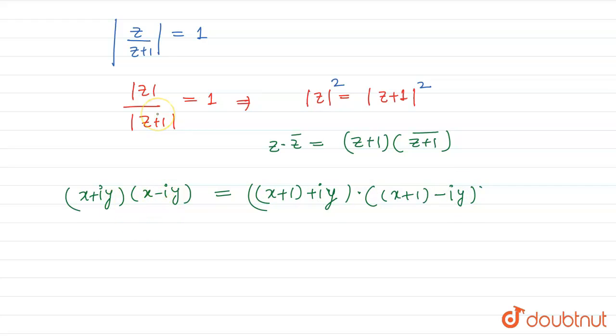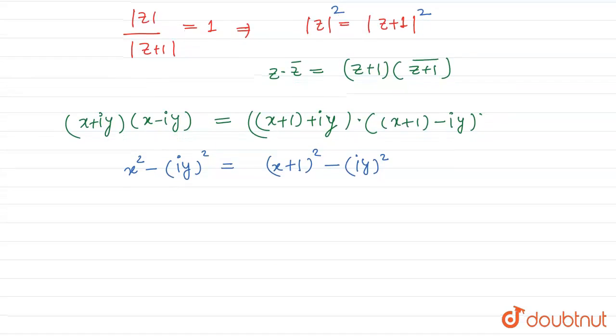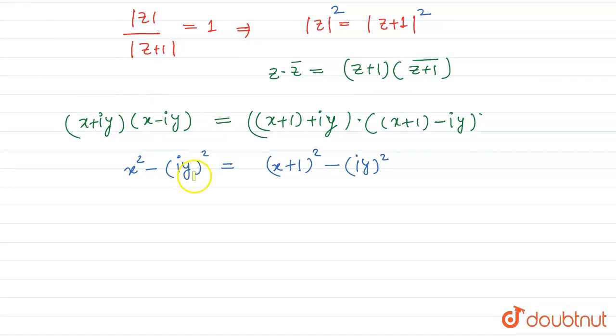Now if we multiply both terms, this is nothing but a plus b into a minus b, so it will be a square minus b square, which is x square minus b square, where b is iota y, right? And similarly here it will be a square minus b square. We can see that these two terms are the same, so they will cancel out.